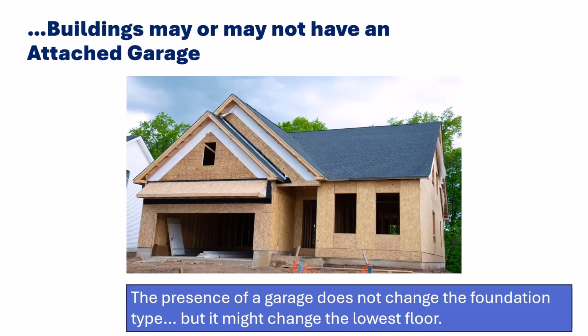The presence of a garage does not change the foundation type of a building, but it might change the building's lowest floor. The garage may be the same floor height or might be a slightly different floor height, as seen here. Next, we'll connect these buildings to the basics of the FEMA Elevation Certificate form, focusing on the lowest floor.